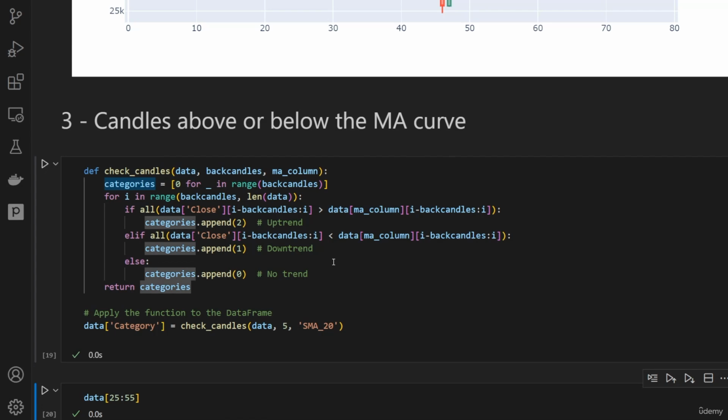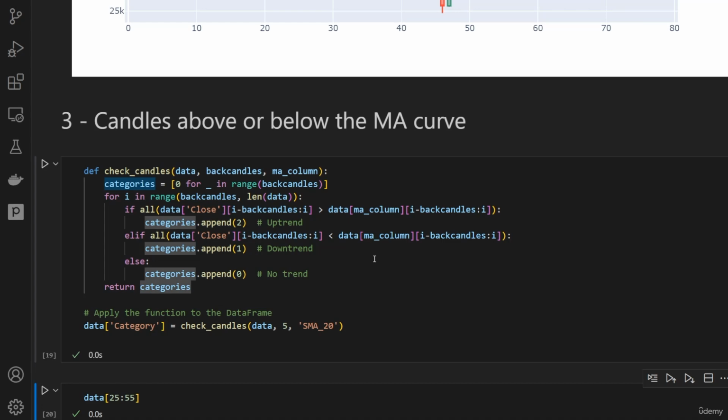So we have these 3 methods that we have just shown how to detect the trend of a price. You might want to try the 3 of those in your strategy and check which one works best for you. For the moment, I'm using this one. So I use the candles above or below the moving average curve. And the moving average curve length will depend on which time frame I'm working on. There's no good or bad.